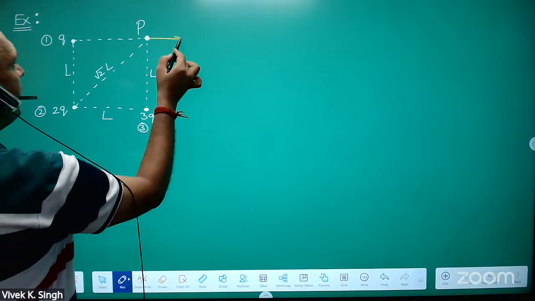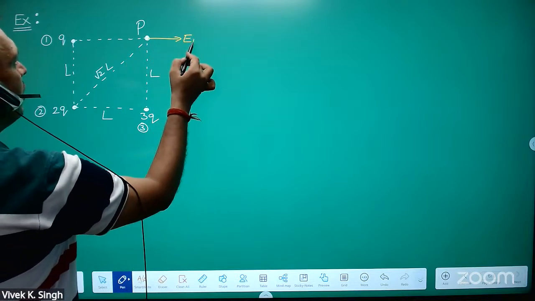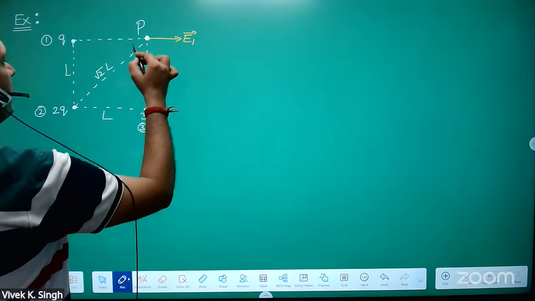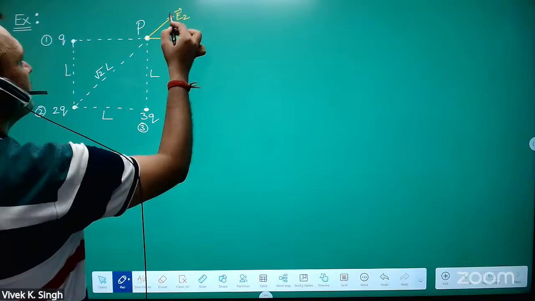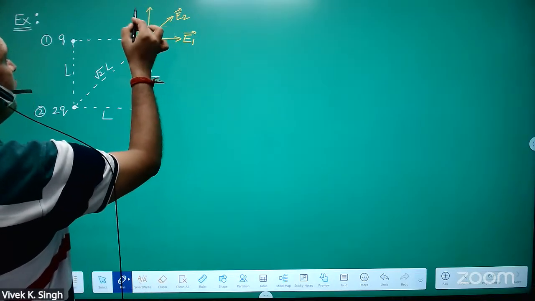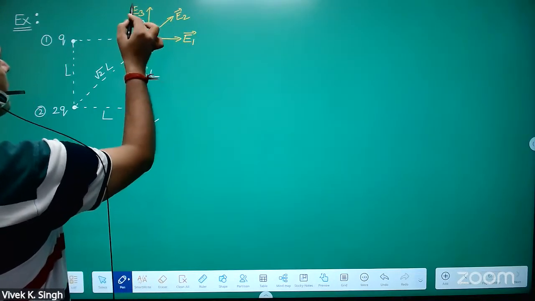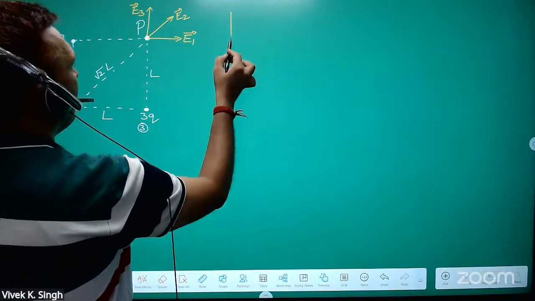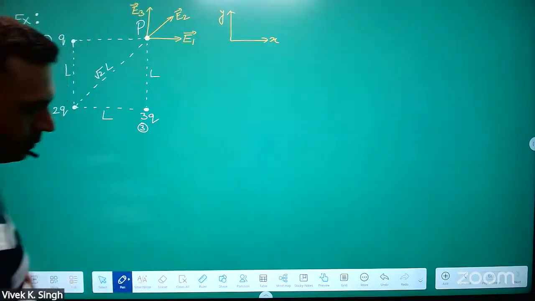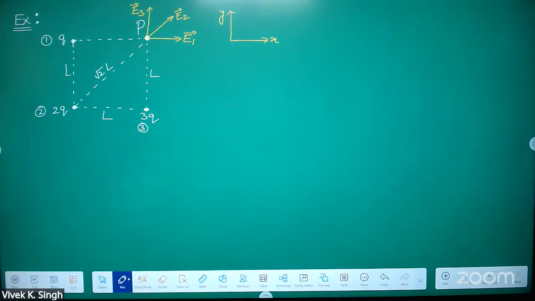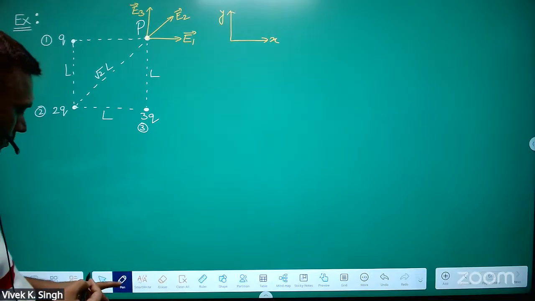This will be E1. All are positive charges. This field will be E2, and this field will be E3. Then we have to resolve this in the XY plane. Yes or no? Yes, sir.